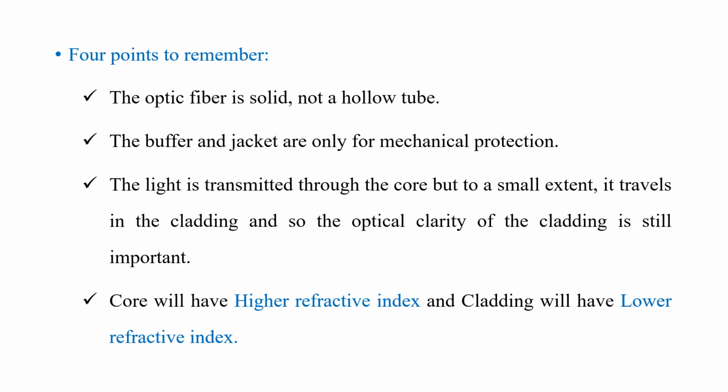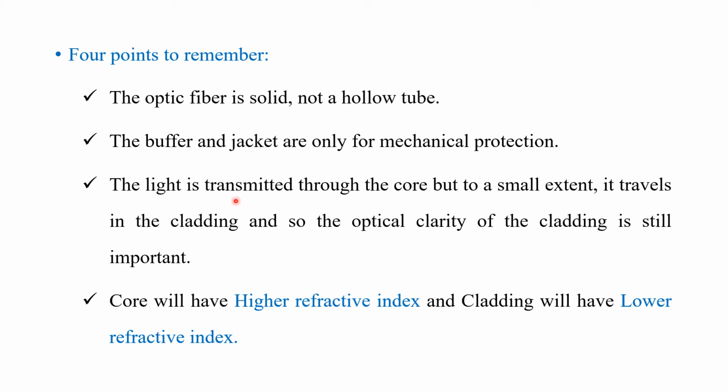Now, a few points to remember with respect to this concept. The optical fiber is solid, not a hollow tube. Second point, the buffer and jacket, that is the outer layers, are only for mechanical protection. They don't have any role to play with respect to the transmission.